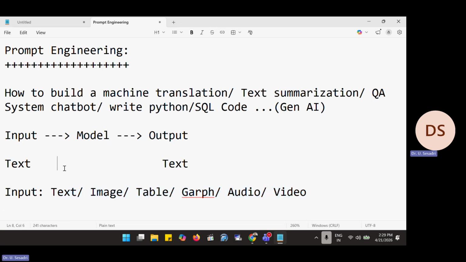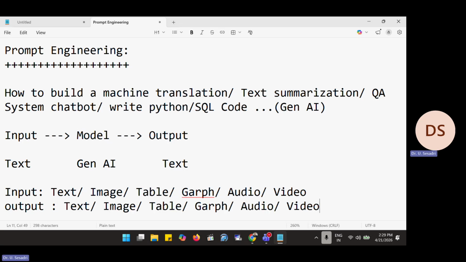Using the generative GenAI model, we get the output as either text, image, table, graph, audio, or video.